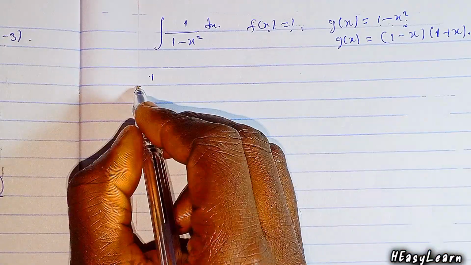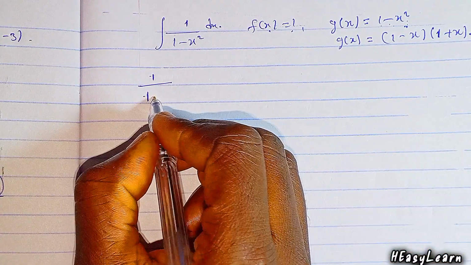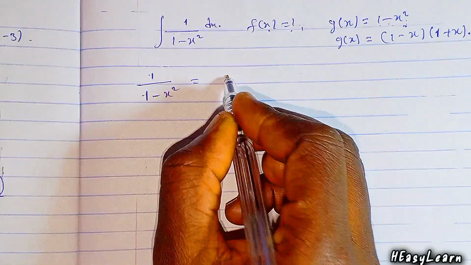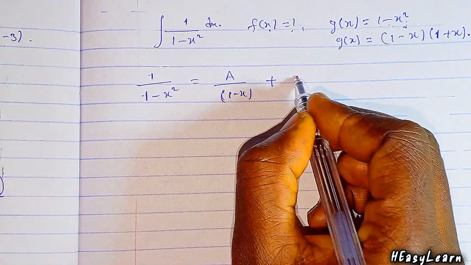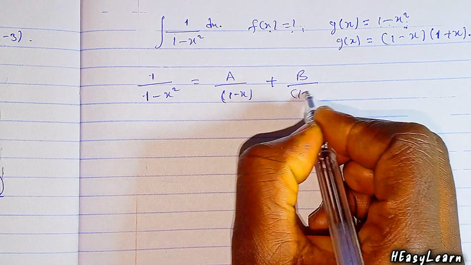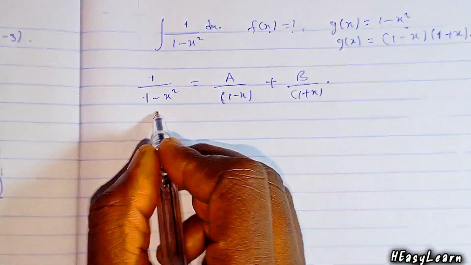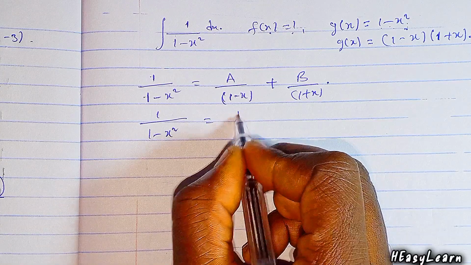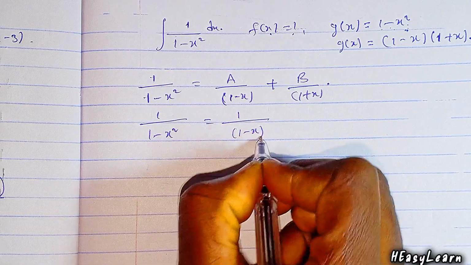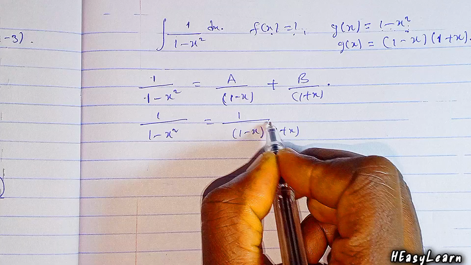So we can write 1 over 1 minus x squared to be a divided by 1 minus x plus b divided by 1 plus x, because 1 over 1 minus x squared is equal to 1 over (1 minus x)(1 plus x).